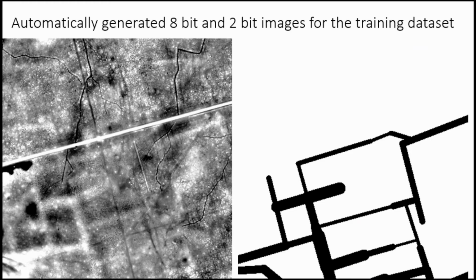However, the main problem is the quality of the images. Here is an example of automatically created 8-bit and 2-bit images for embankments. You can see on the left the base image and on the right the 2-bit image. While the general structure is correct, with the biggest linear structures being wider, it is not close enough to reality to be used as is in SkyEye.